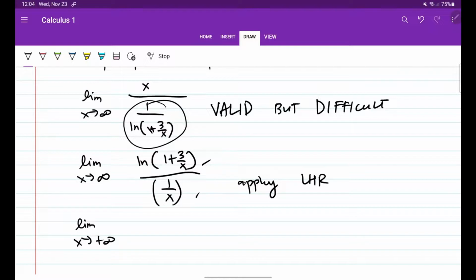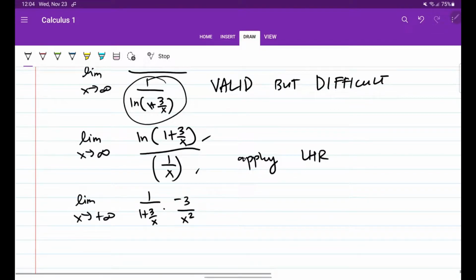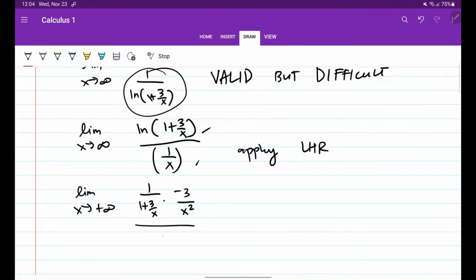So, derivative ng ln ng 1 plus 3 over x is 1 over 1 plus 3 over x times derivative ng nasa loob. So, that is negative 3 over x squared. Tama? And then, yung denominator, derivative ng 1 over x is negative 1 over x squared.